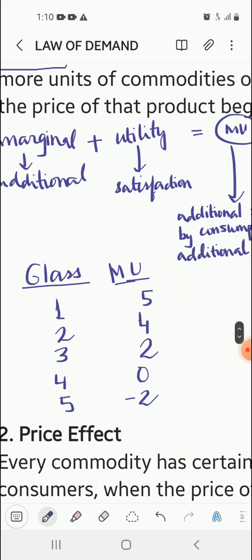Now, as this is also a law, there is an assumption, that is these units of consumption must be one after another. There shouldn't be much time gap. Otherwise, you may again tend to feel thirsty, and at that point the marginal utility may be the same or even increasing. So that is why the consumption should be made one after another.